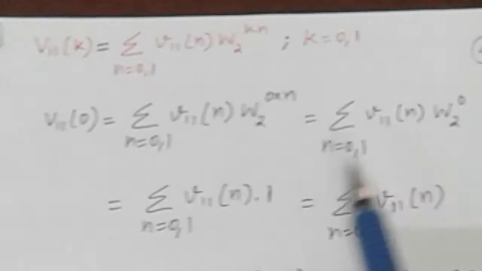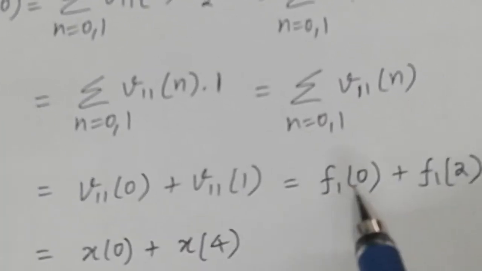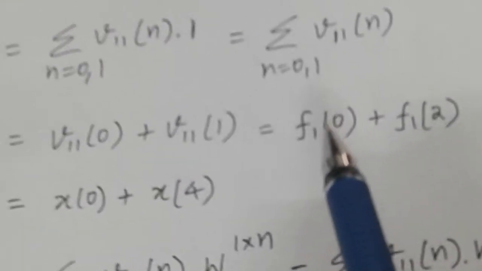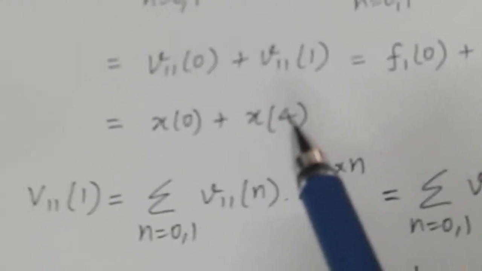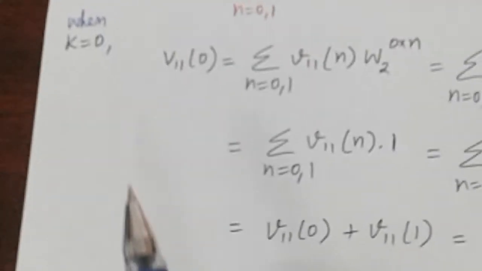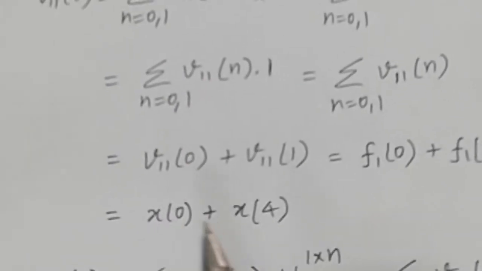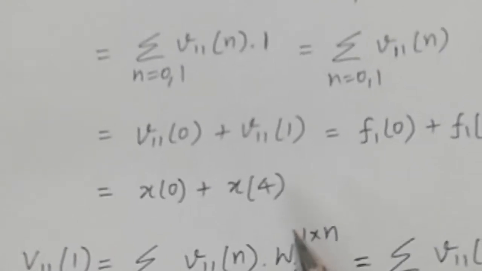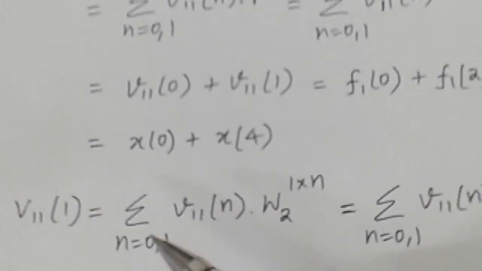I have seen it once for all. Therefore v11 of 0 is x of 0 plus x of 4. That is why in the algorithm, a plus b: one is x of 0, another is x of 4.